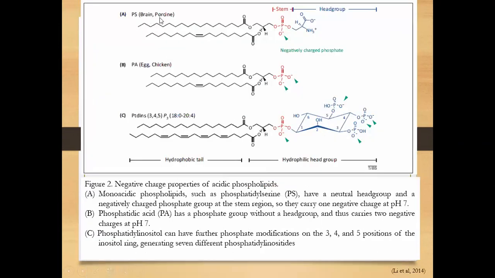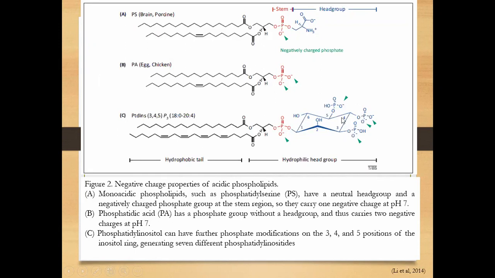Either phosphatidylserine, with the amino acid serine. You can see the serine amino acid here. You can see the phosphatidic acid, the phosphate group attached with the OH. You can see the phosphatidylinositol, the phosphate group attached to the sugar molecule. And for the inositol itself, you can see there are many types of inositol head group.